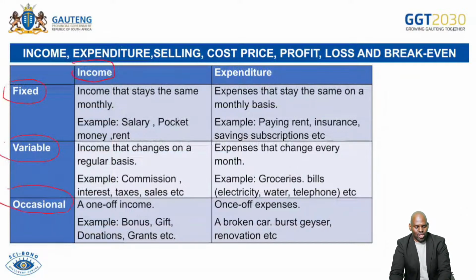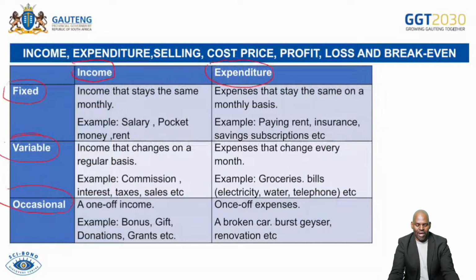As much as we have fixed income, variable income, and occasional income, we also have fixed expenditure, variable expenditure, and occasional expenditure. So you also need to have an idea of the meaning of these words. What do we mean by a fixed income? What do we mean by a variable income? What do we mean by an occasional income?